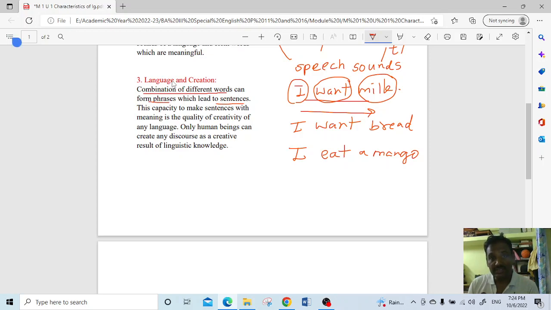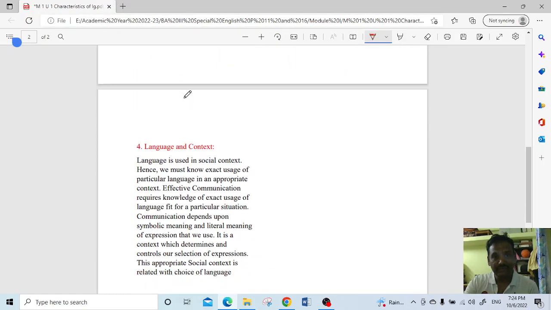So the child begins to form phrases, and out of these phrases he begins to form sentences. In this way, he or she begins to create sentences and communicate with the people. So language and creation go side by side.